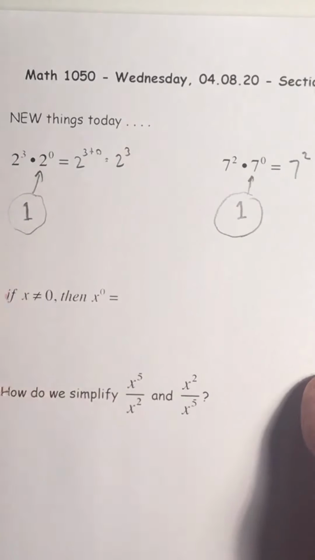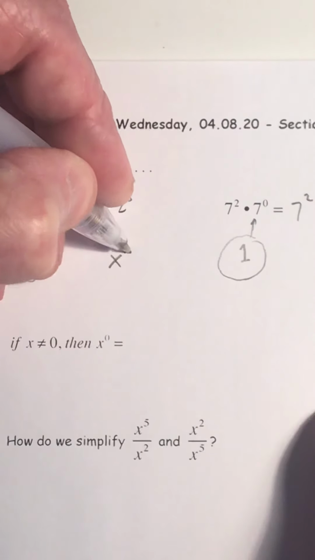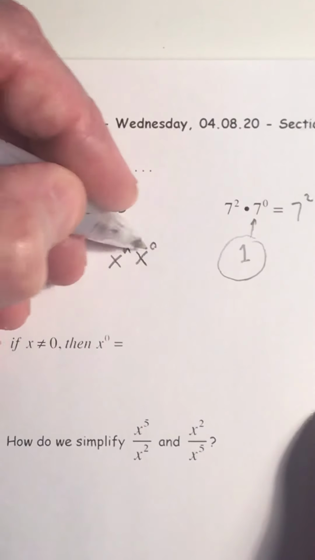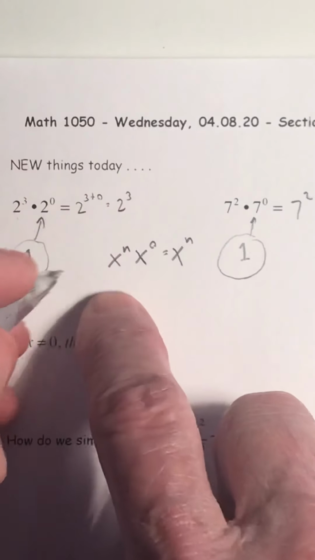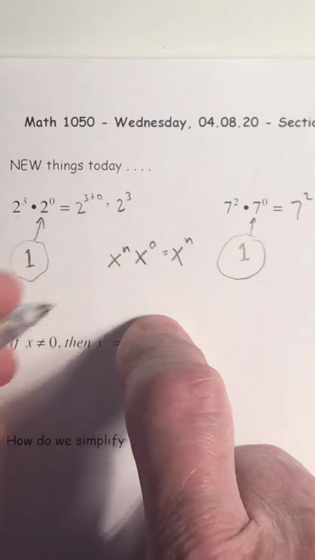And if you stop and think about it, if I have any number to some power times that same number to the 0 power, I'm going to get back the original number because I'm adding 0 to the exponent, which means no change.